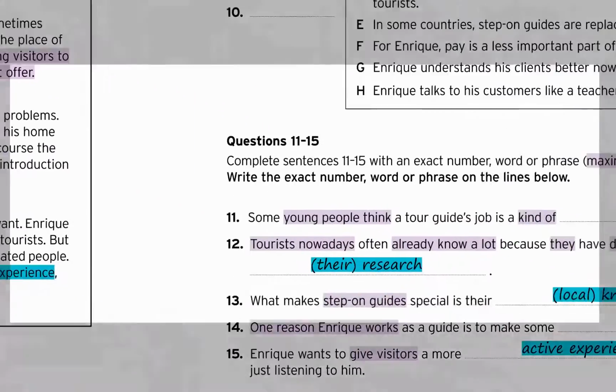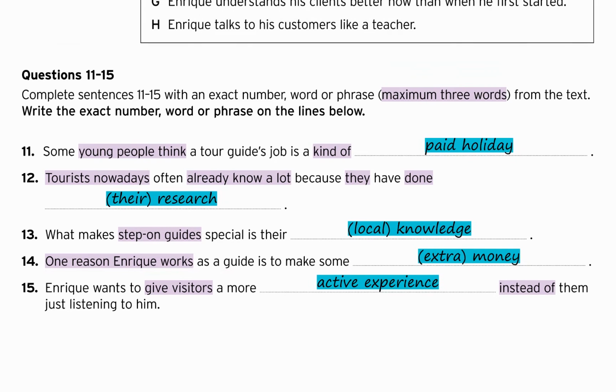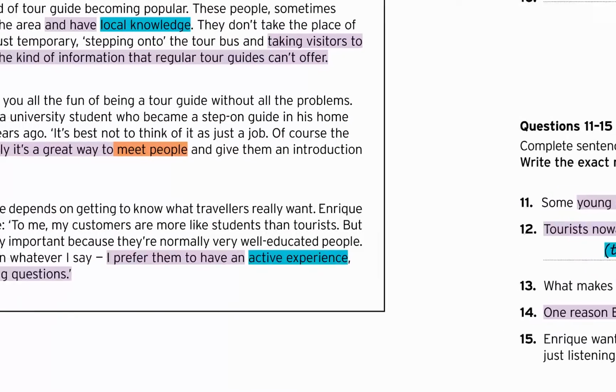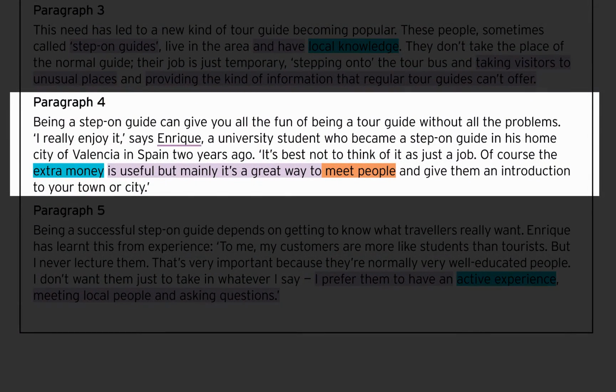Okay, number 14. One reason Enrique works as a guide is to make some extra money. So let's go to Enrique in the text. Here's Enrique. He's talking about his job.